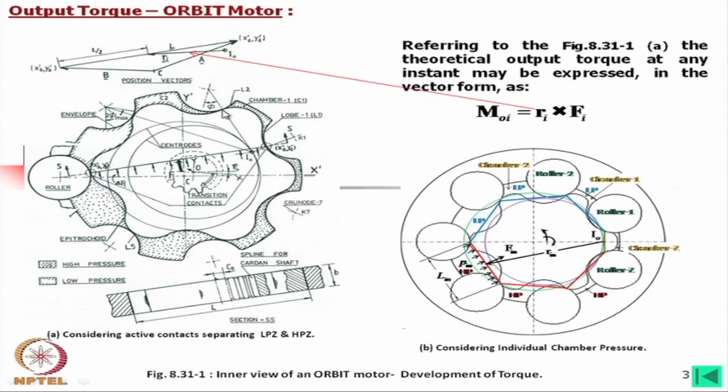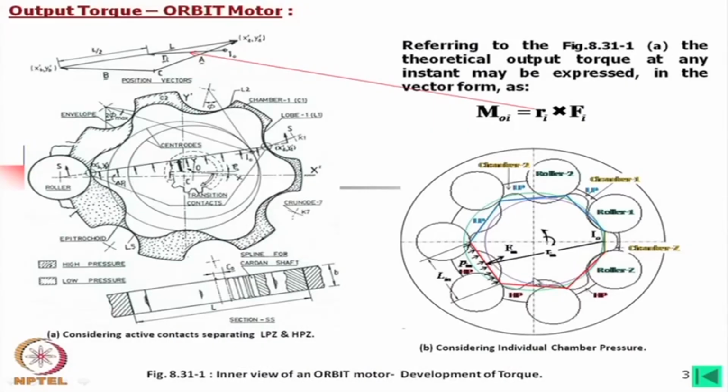All contacts which join the instantaneous center of rotation and the screw node, which is nothing but the center of the roller, are the active contacts, and there will be 7 active contacts. Among these active contacts, these two are the critical contacts which are separating the chambers from high pressure zone to low pressure zone.